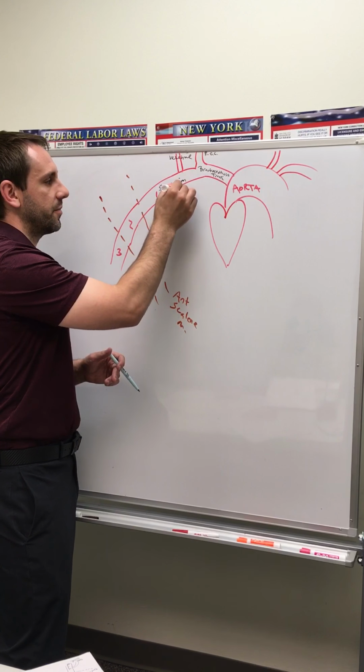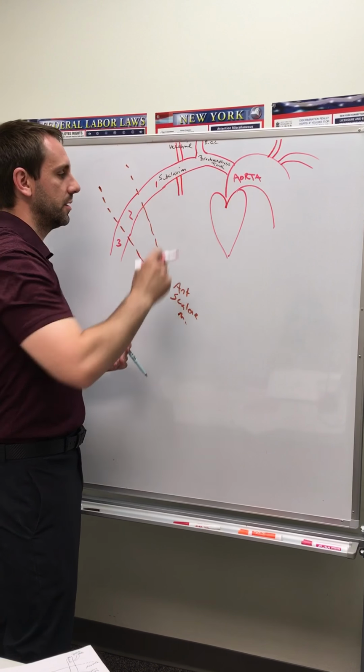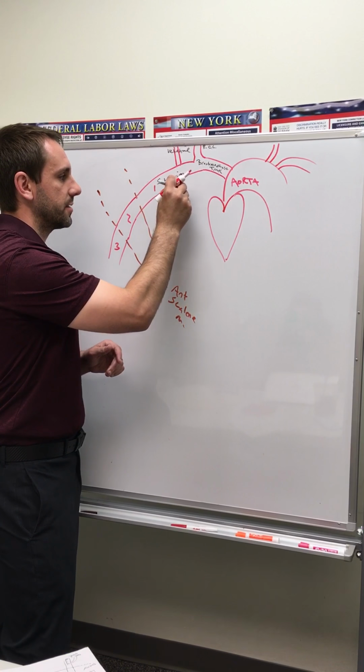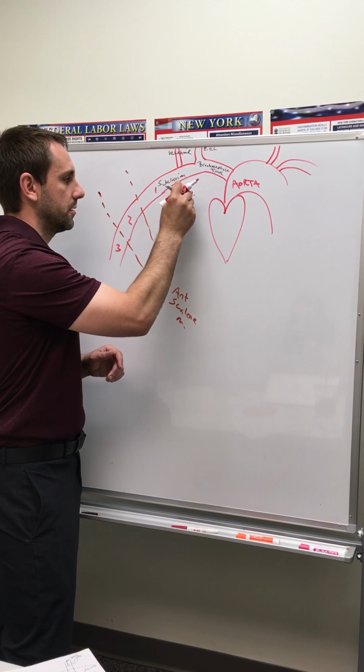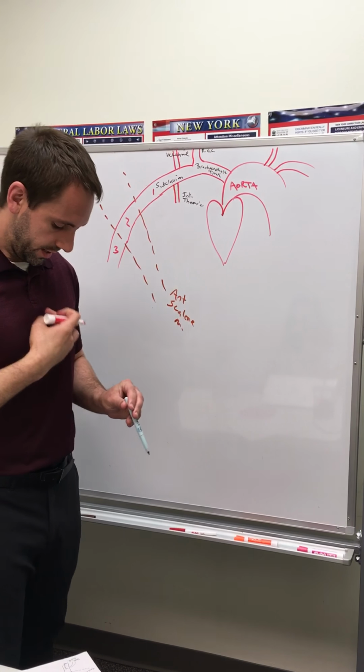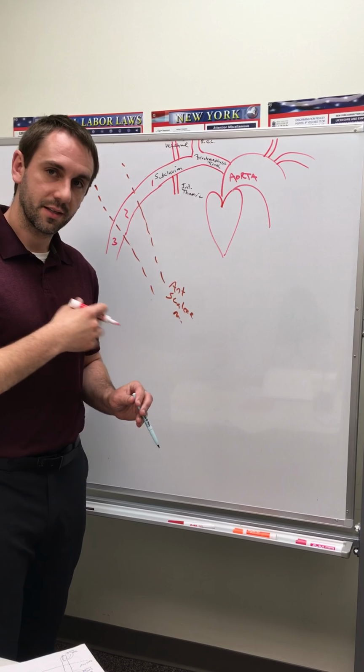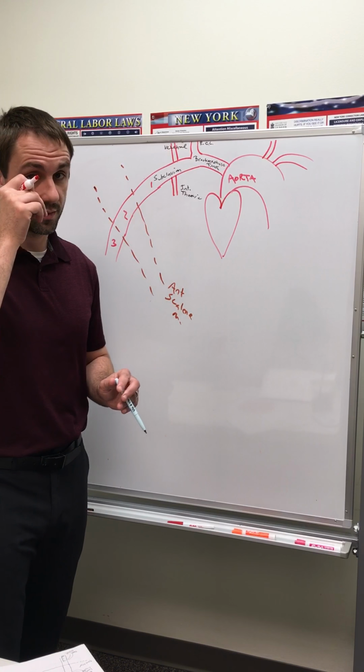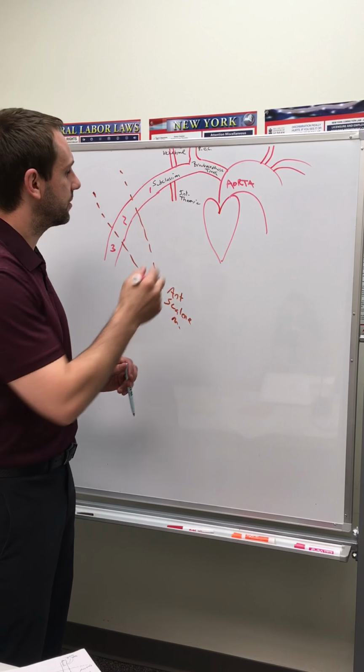And then descending from the first part of the subclavian, that's the internal thoracic artery. Internal thoracic artery is going to be found on the internal surface of the ribs, and it's going to supply the first 6 intercostal spaces with the anterior intercostal arteries.